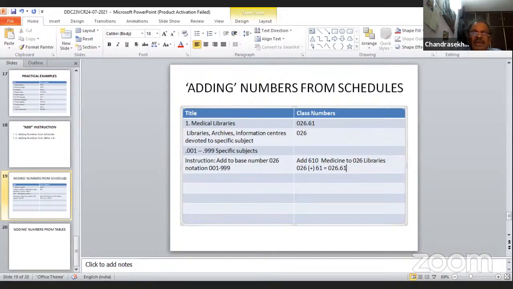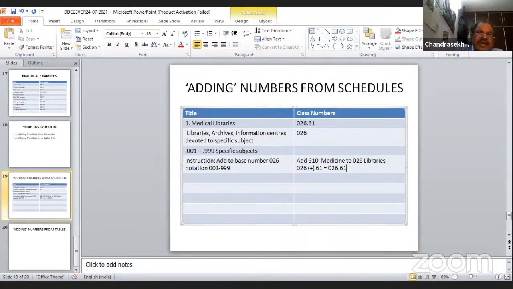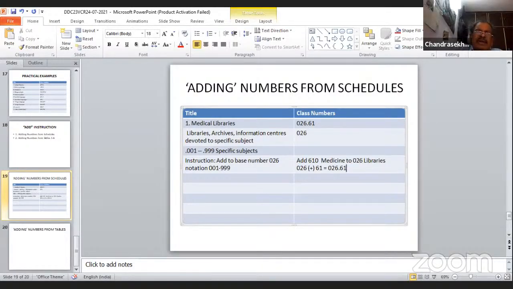How do you do that? 026, then you attach the number for engineering. 620 is engineering. So 026, 620, last 0 omitted, so 026.62. 62 indicates engineering.